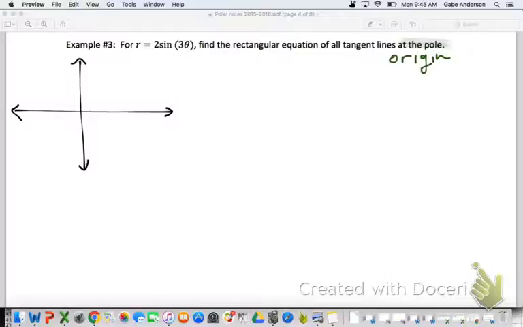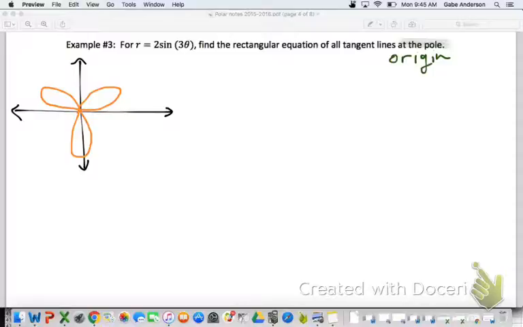So does this look like that? The way I'm getting that is I'm plotting points. I'm plotting a couple of key points, trying to figure out which way it's pointed, knowing that it's 3-petaled and all that stuff. Kind of gives me some hints about what to do.